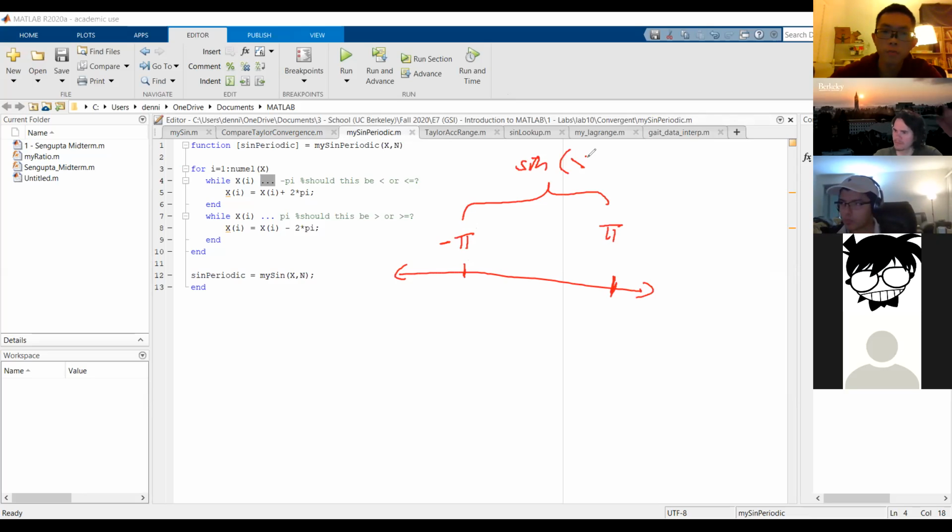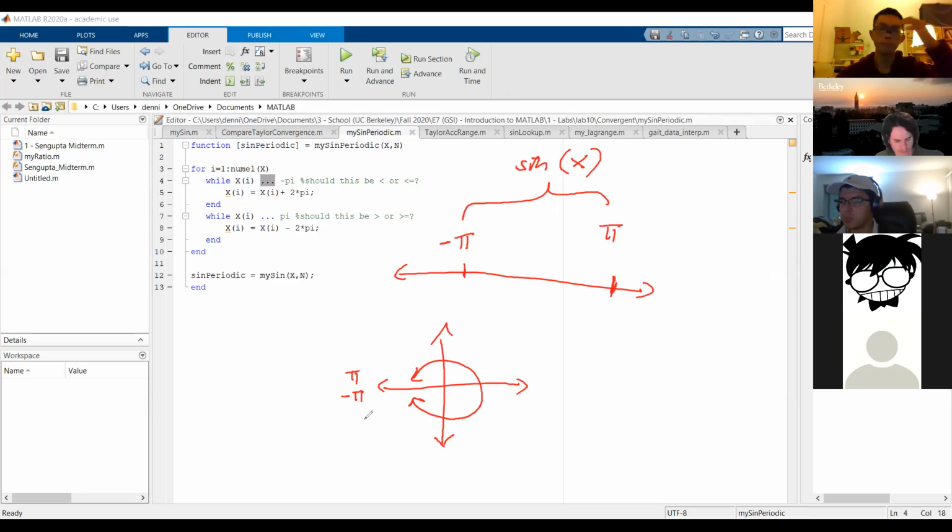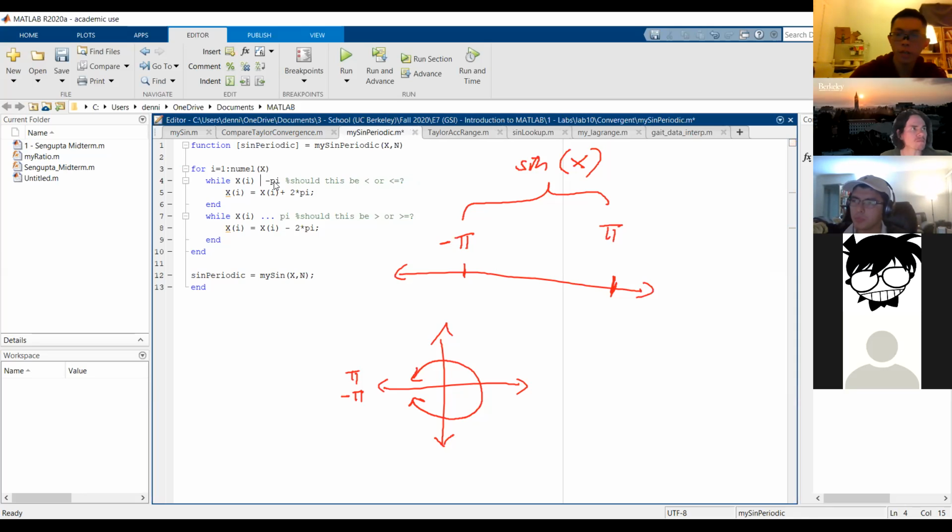If you draw that on Cartesian coordinates, it'll be from here all the way to here. Here's pi, aka negative pi. Now, is this a less than or a less than or equal to? And explain why you think that's correct.